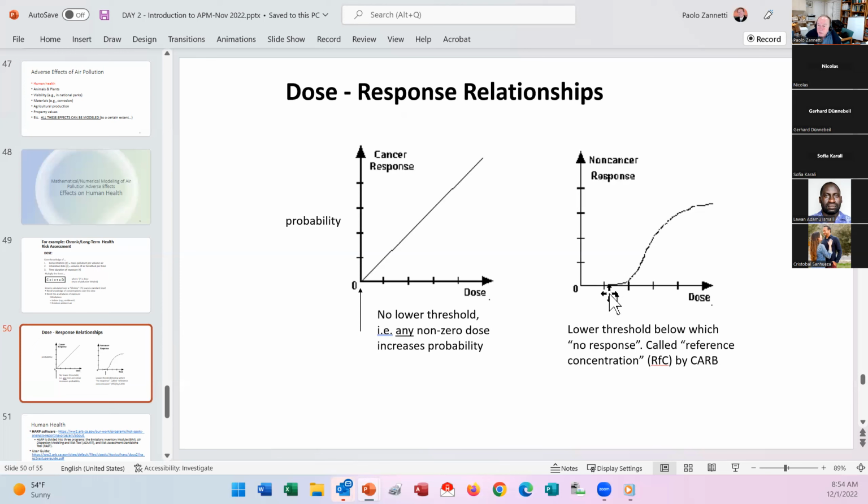Practically, there is a minimum dose that should not create any probability of getting sick. And then maybe the dose response is not linear, but maybe higher at the beginning and then going flat later.